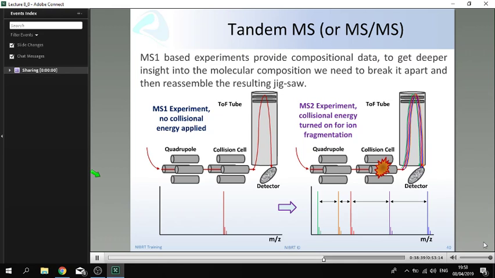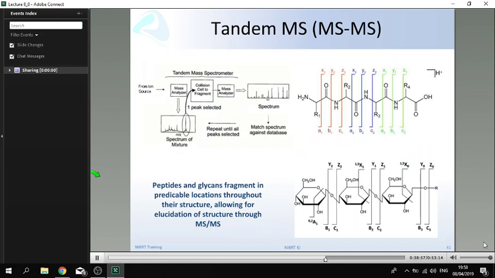This fragments them even more, and then you send them to the TOF, the time of flight mass analyzer, into the detector, and then you can see more information about particular ions. So not only are you looking at that ion, but you fragmented it even more, so you can look more deeply into one. So we often have these tandem MS or MS/MS.